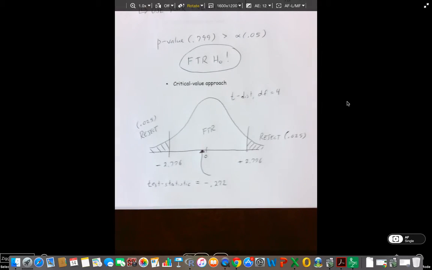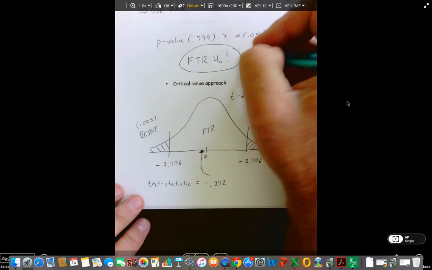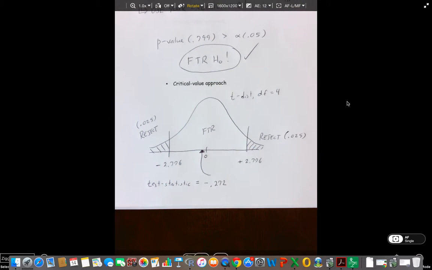It falls right there. It falls in our fail to reject region, just like we found back here. Two approaches doing the same thing. Now, which one's easier? I think your p-value approach is easier. But guys, there are situations out there where you have to come up with your critical value to make certain decisions.